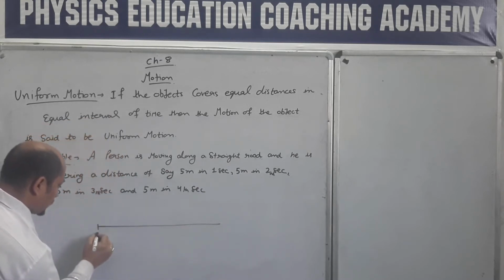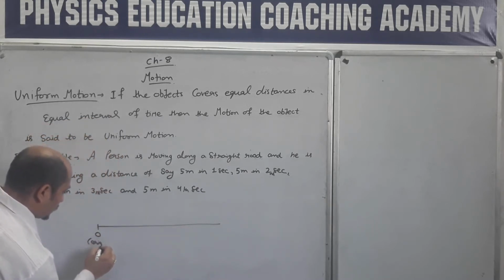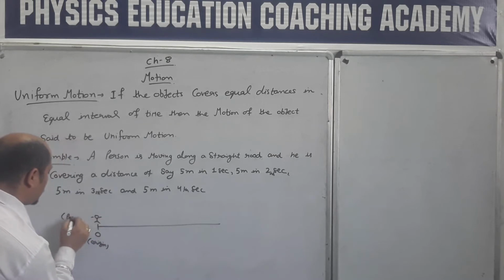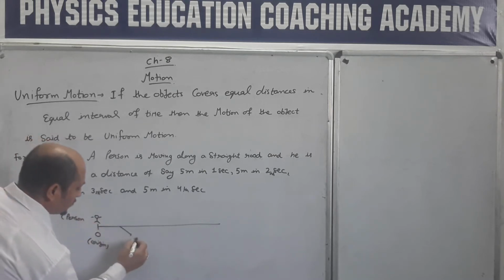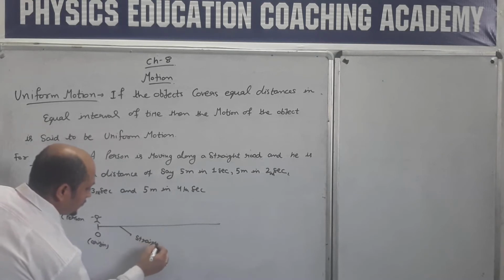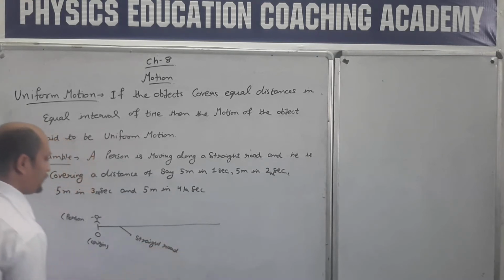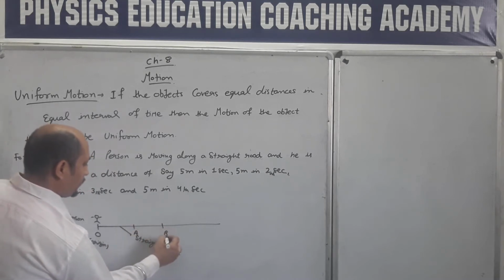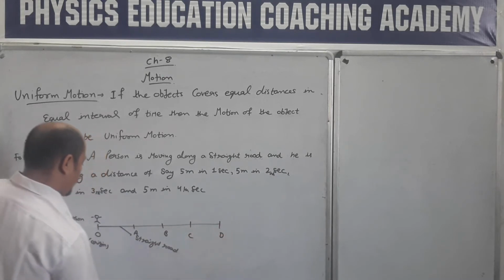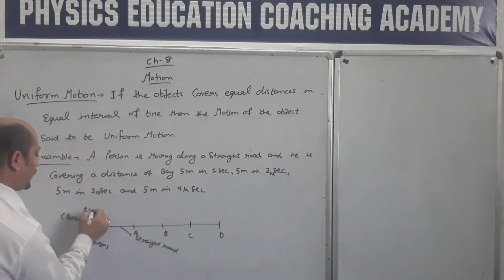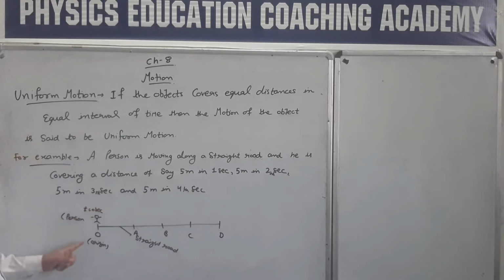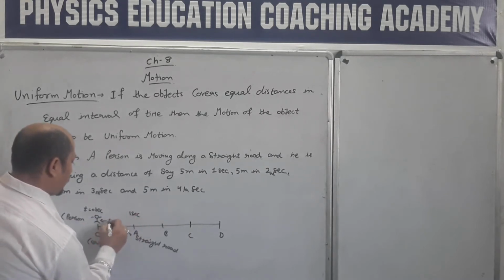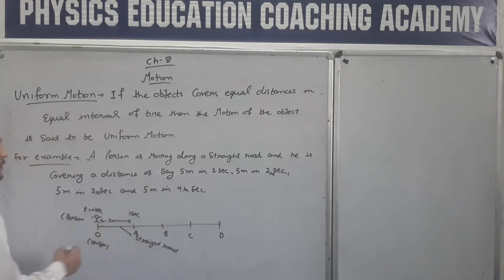Suppose a person is starting from this point, say O. This is the person which is moving on this straight road, and this is the point A, B, C and D. At time t is equal to 0 second, the person is at the origin, and in 1 second he has to travel a distance of say 5 meter.